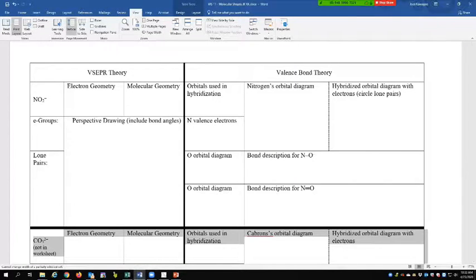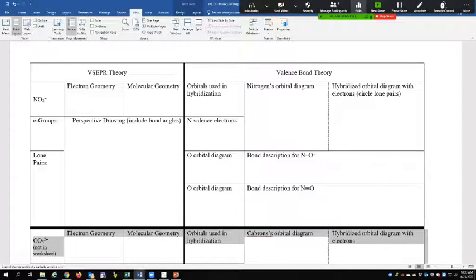So we have to start with the VSEPR theory for NO2 minus.